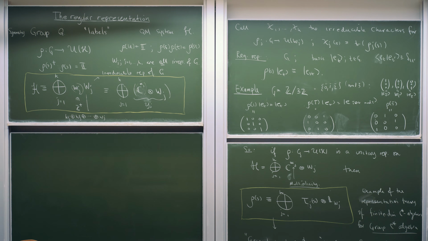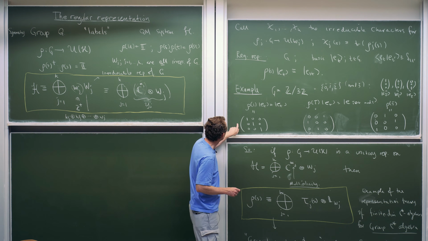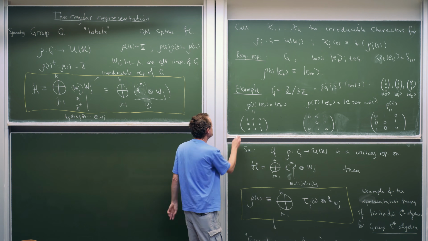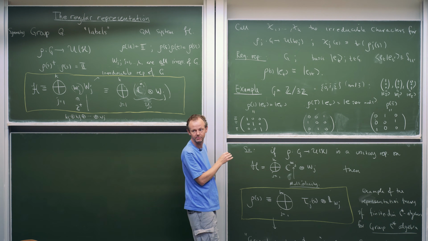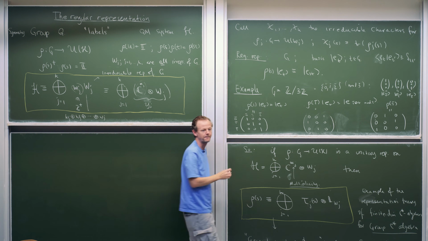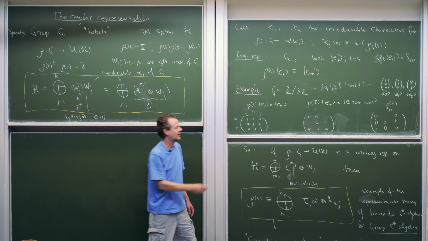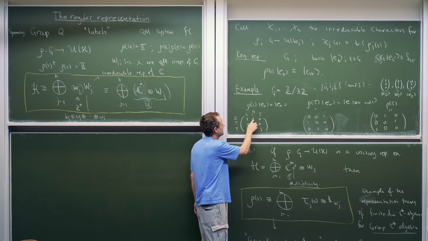So what I didn't draw, and probably what would have been helpful, is if I drew labels for these rows and columns. So the rows and columns are labeled by elements of the group, right? And so then you go through each entry and you ask yourself the question, is 1 times 1 equal to 0? No, 0.